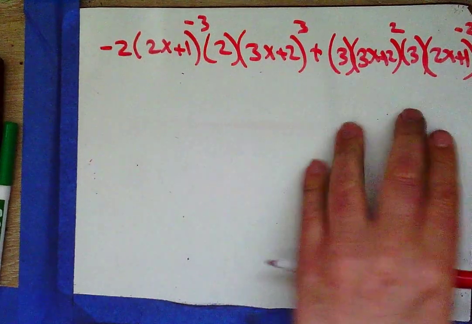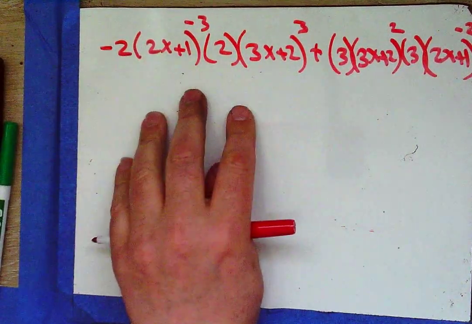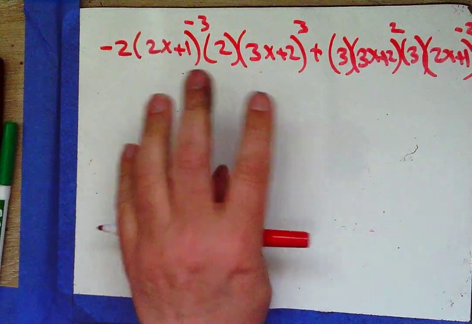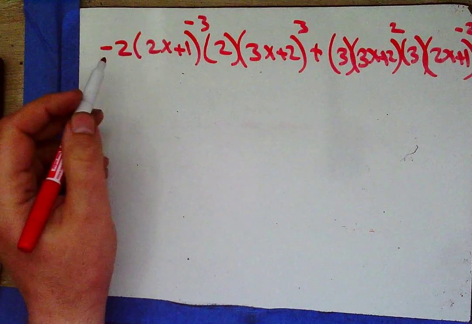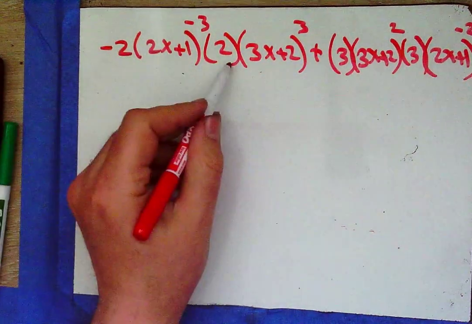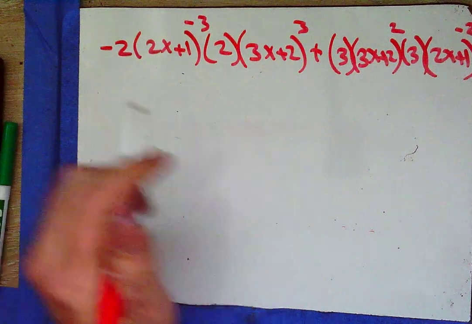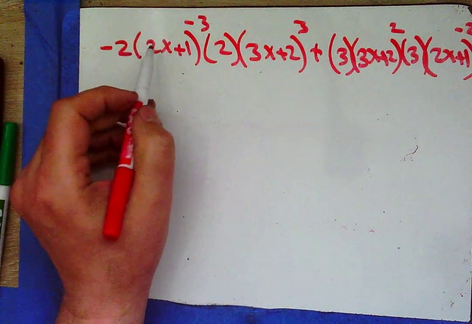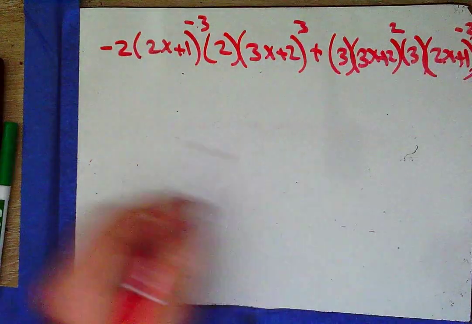And remember, when we factor here, we always take the smallest power. Always take the smallest power. So what is that going to look like? Well, let's do this one together. I got 4 here and 9 here, so I can't pull out a coefficient. But I have 2x plus 1 to the minus 3 and 2x plus 1 to the minus 2.